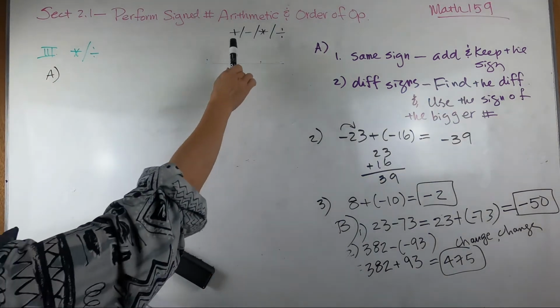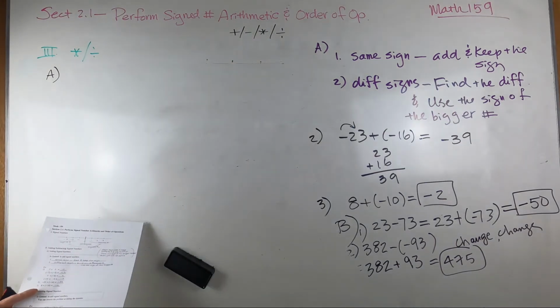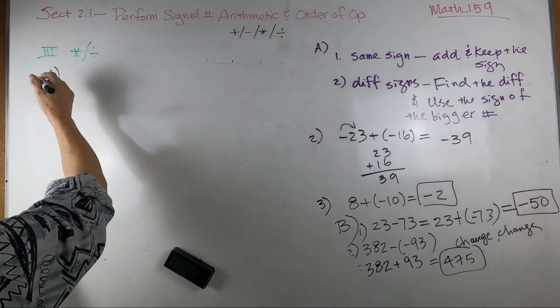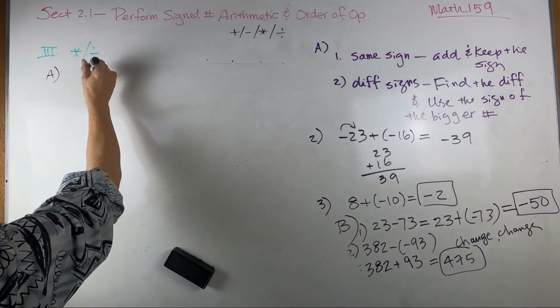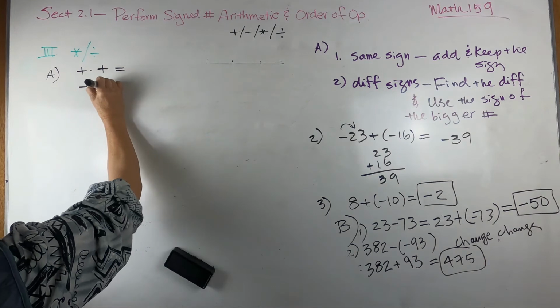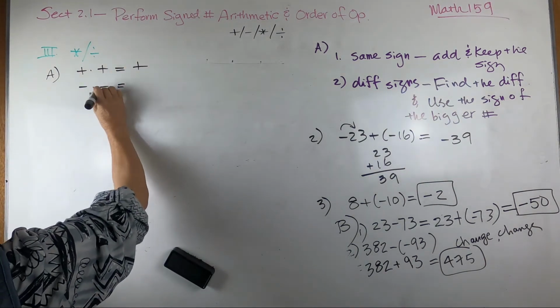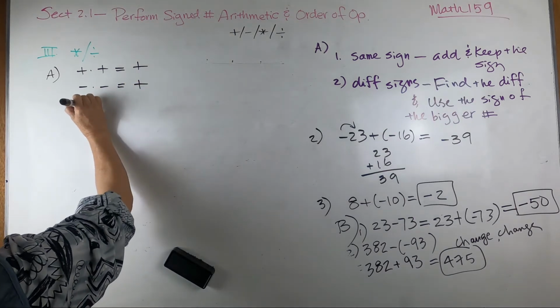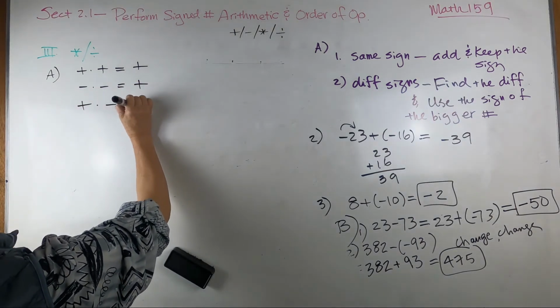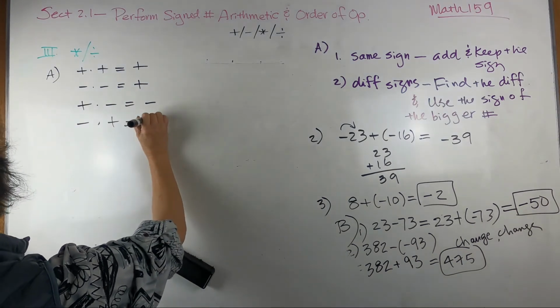Now we do multiplication and division. We just did addition and subtraction, right? Multiplication and division, all you need to do is take care of the sign. Positive times positive is positive. Negative times negative is positive. Positive times negative is negative. Negative times positive is what?